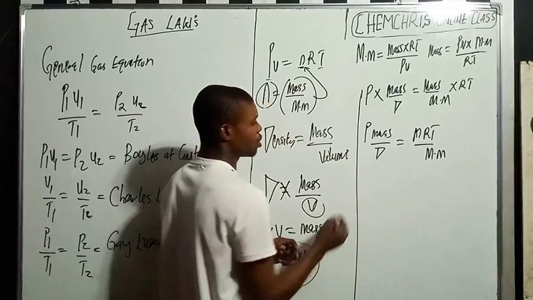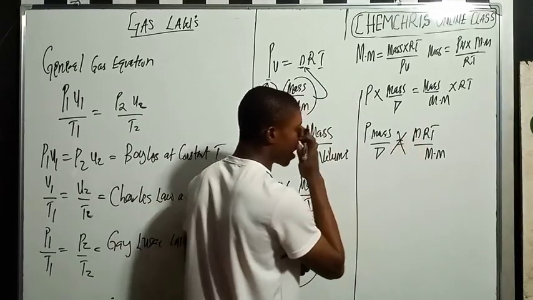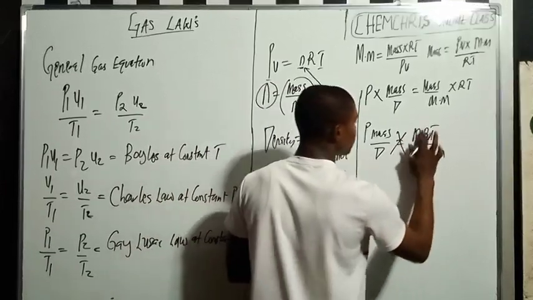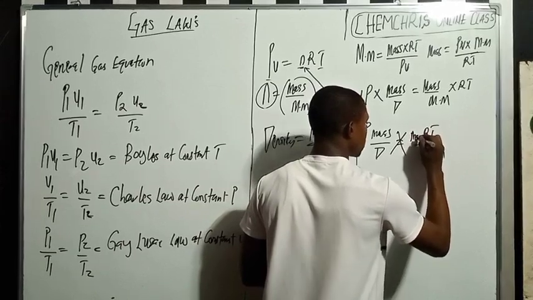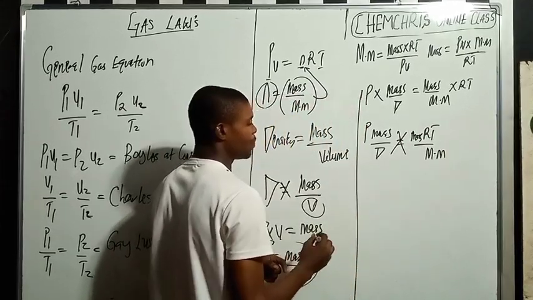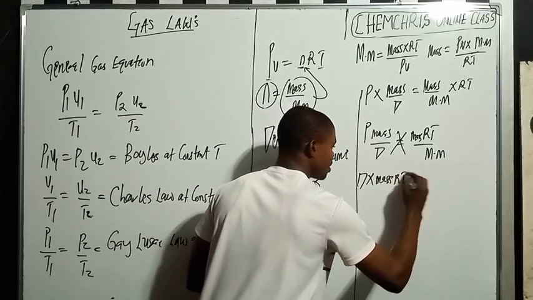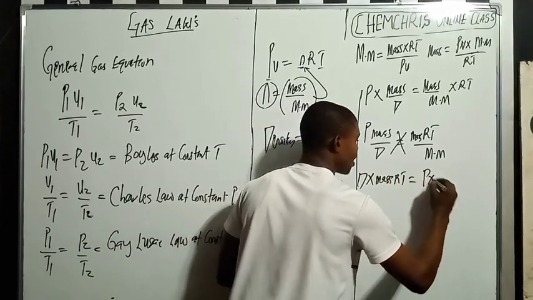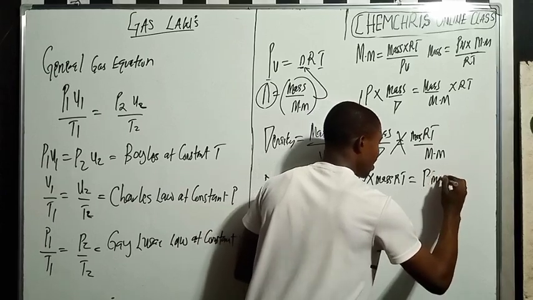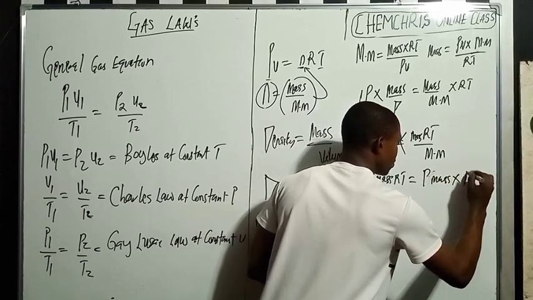So what I want to do here is cross multiply. When you cross multiply, remember this one is also mass. So it's going to be D times mass RT equals P times mass times molar mass.